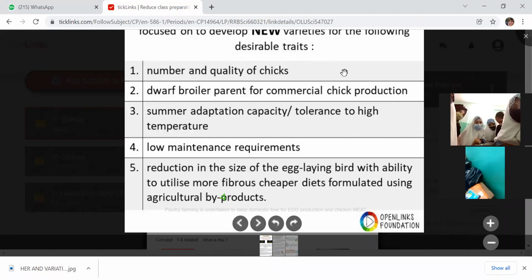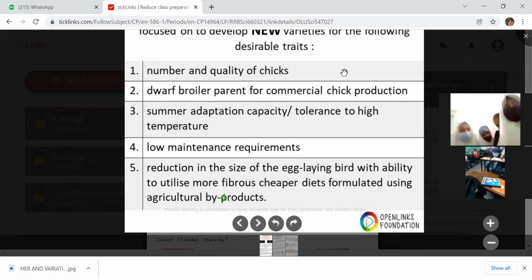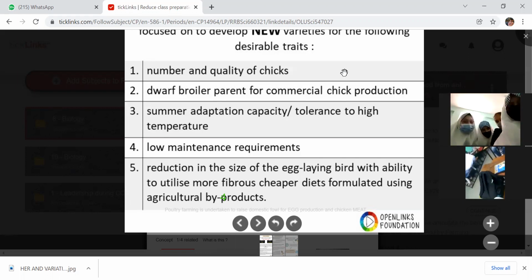What are the desirable traits we got from this hen by crossbreeding? Yes, Nida, are you reading it? Nadia. Number and quality of chicks.